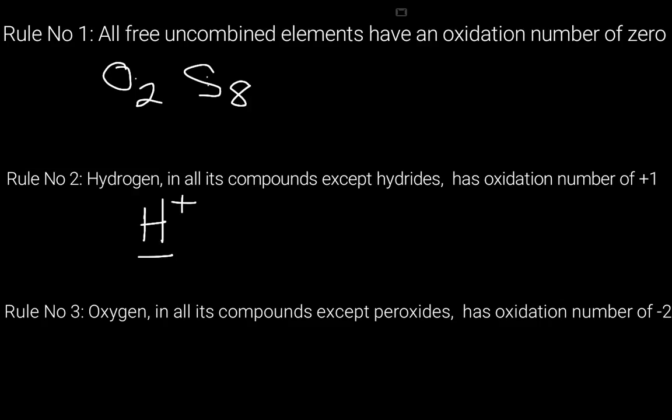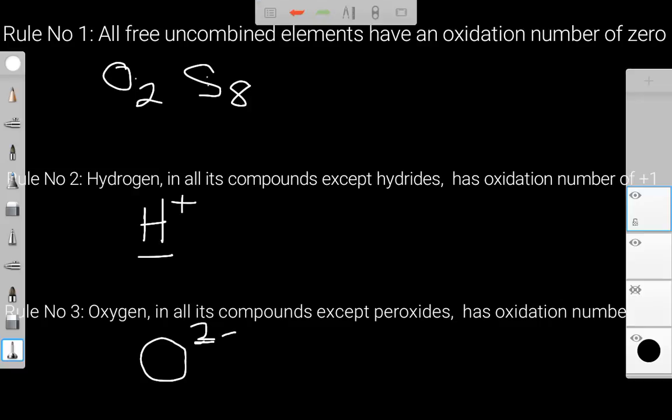Rule number 3 states that oxygen in all its compounds except peroxides has an oxidation number of -2. So in most cases, we always assign oxygen an oxidation number of -2. Armed with this information, let's solve some examples.